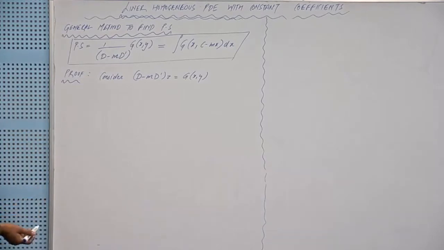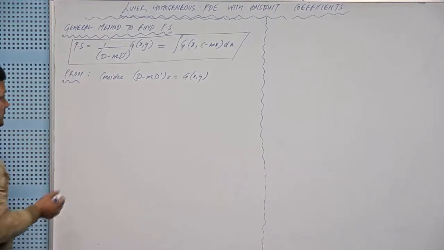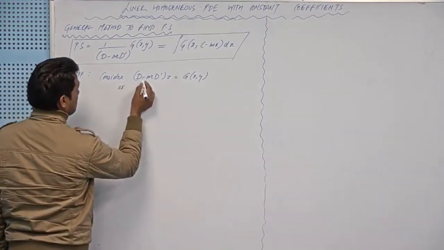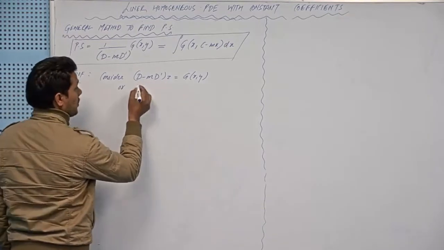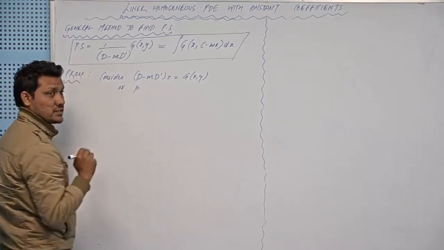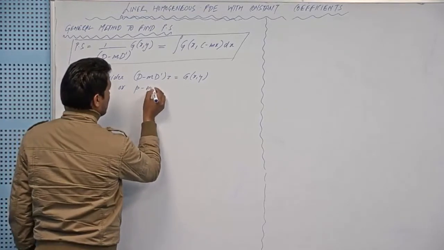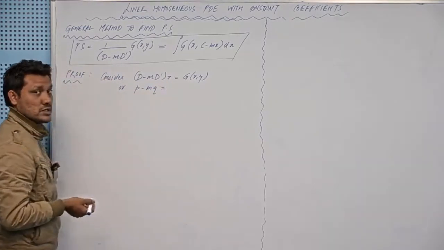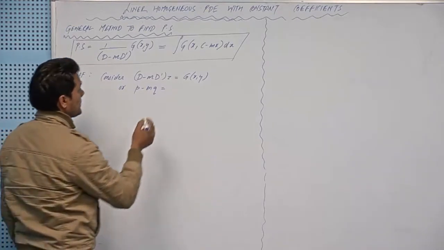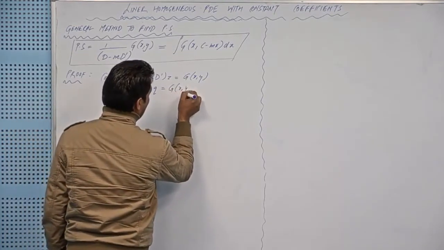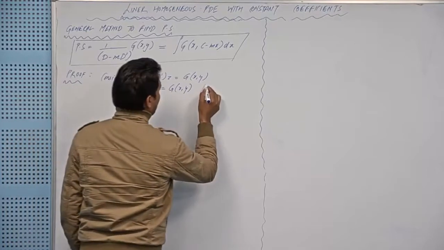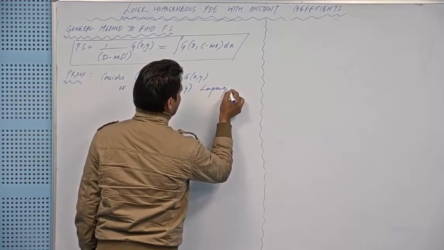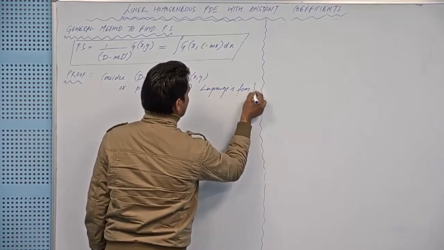And obviously it is a Lagrange's form PDE, or I can write it as D operated on z will give a small p. Remember that del z over del x is small p, and D dash operated on z will give a small q. Del z over del y is small q, standard notation. And the right hand side is capital G x comma y. So this is my Lagrange's form equation.